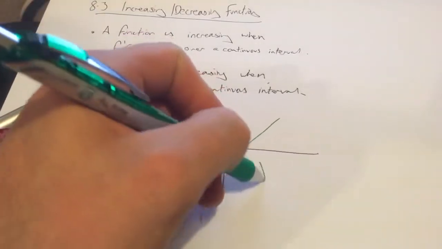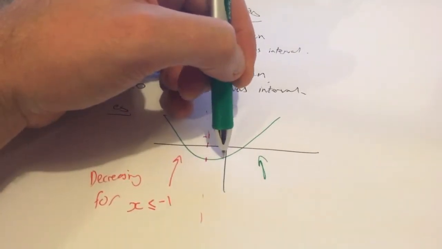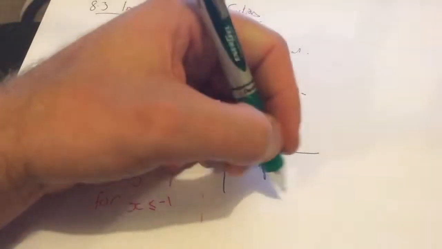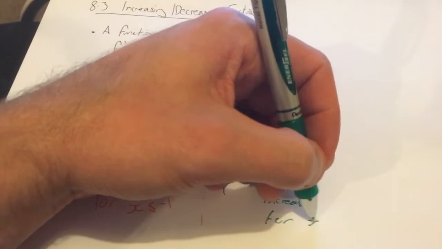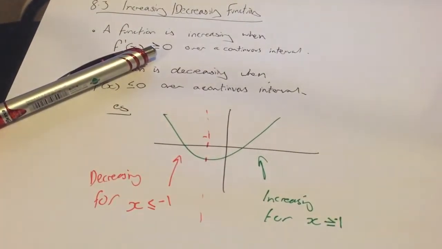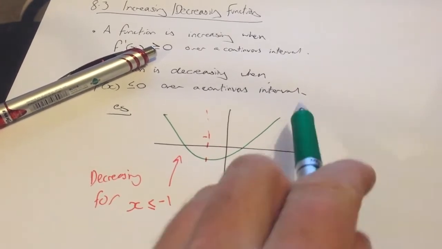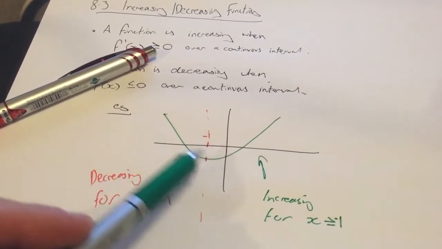And all the stuff on the right-hand side, when it's moving up, has a positive gradient, so that is increasing. So greater than or equal to -1, positive gradient; less than or equal to -1, negative gradient.